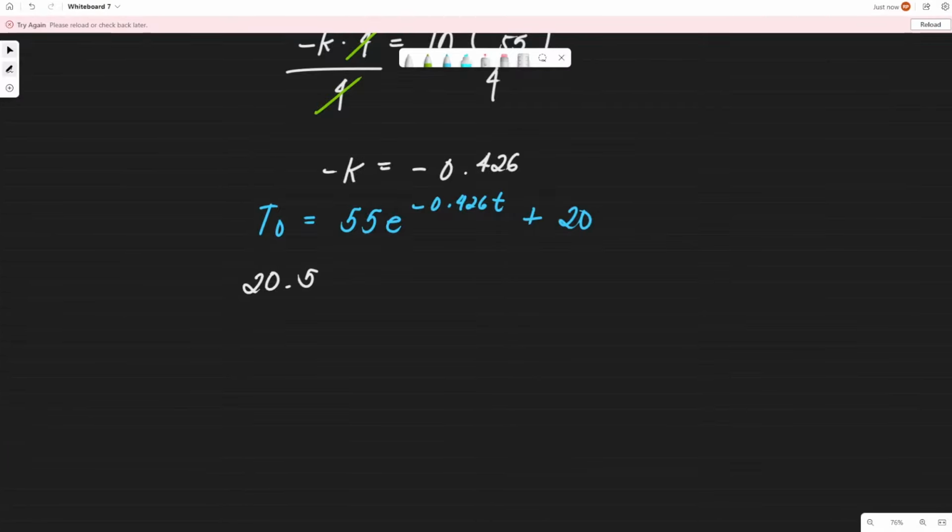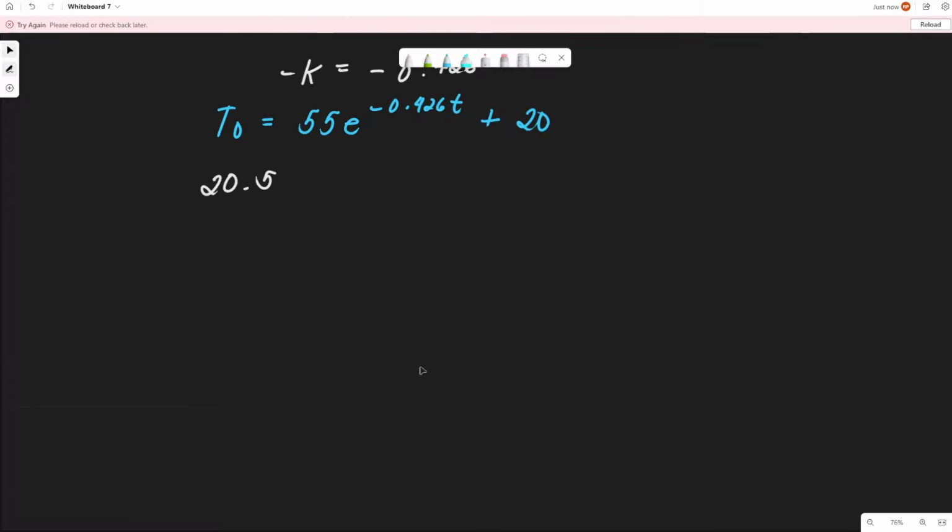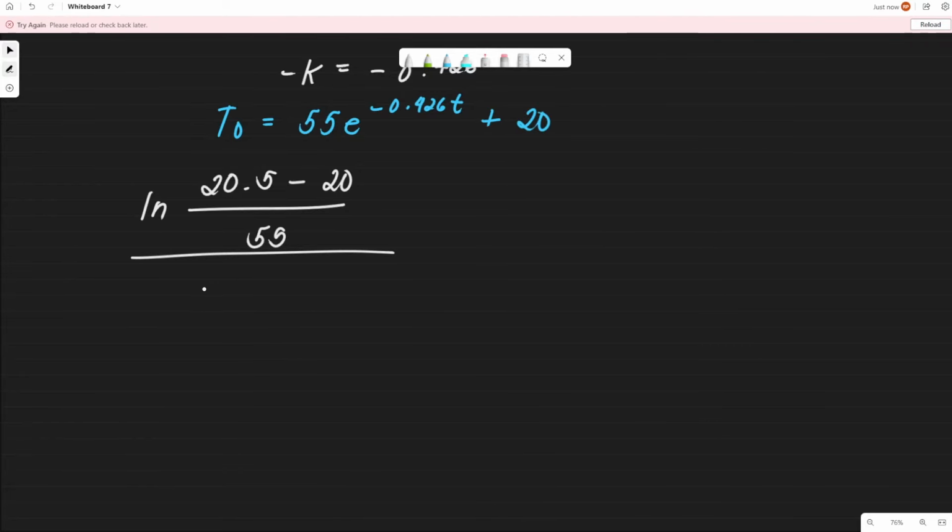20.5 minus 20 all over 55. Then since it's e raised to negative 0.426t, we put ln, then divide the whole thing by negative 0.426, which is equal to t.